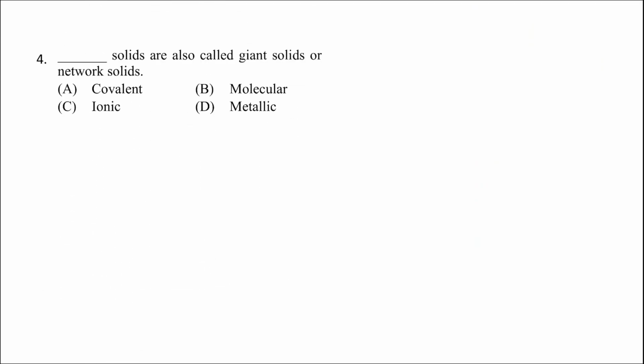Now next: which solids are the giant solids or network solids, that is the covalent solids. Covalent solids have a huge network. Obviously molecular, ionic and metallic solids exist, but the giant solids are present only in covalent solids.